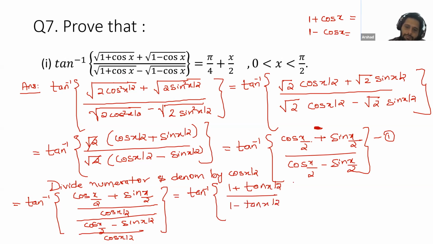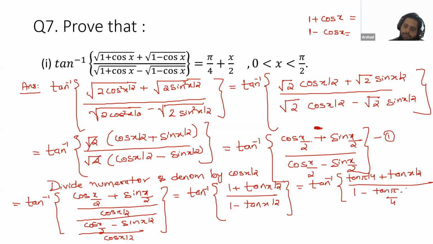We have already done this part. Now in place of 1, you can write tan pi by 4. So here you can write tan pi by 4 plus tan x by 2. In the denominator, this is 1, here you can write tan pi by 4 and tan x by 2. So this will give you tan inverse.